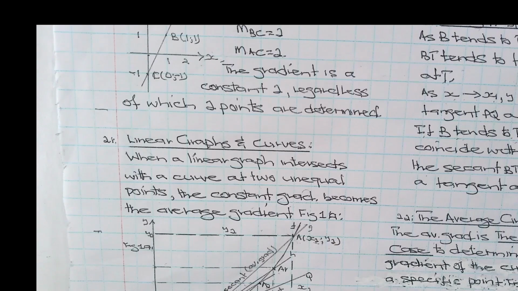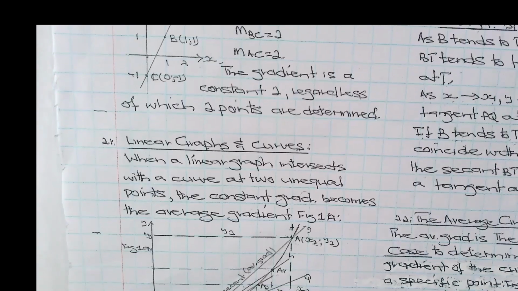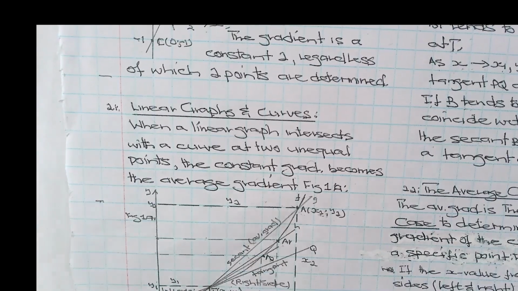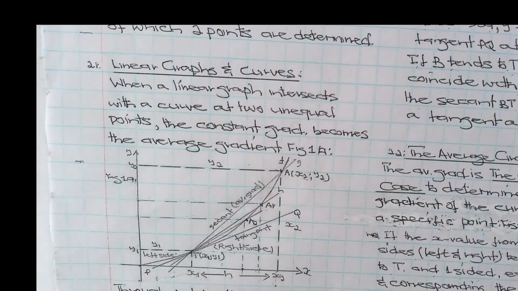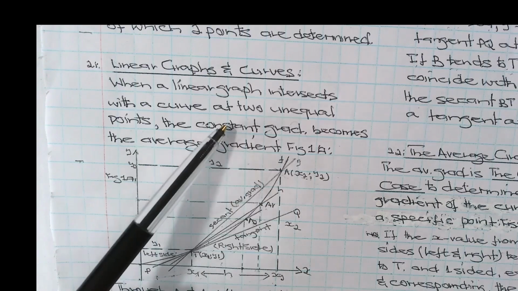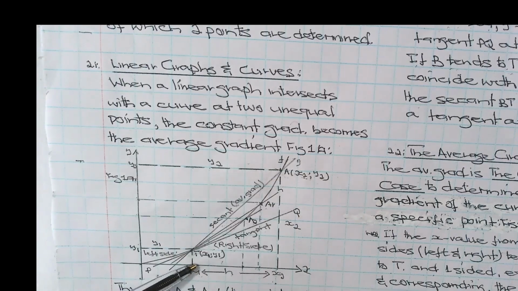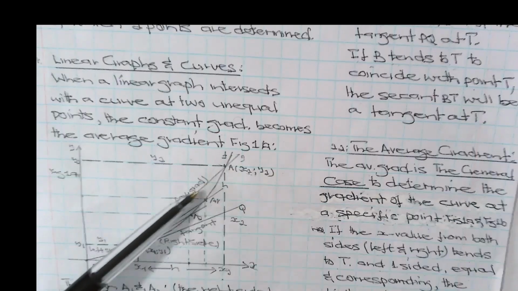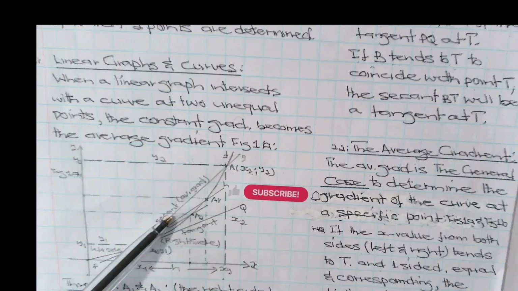Remember, linear graphs have constant slopes. But when a linear graph intersects with a curve, which is a parabola in figure 1a, at 2 unequal points, meaning at A and T, the gradient will be the average gradient. It means this line becomes a secant.